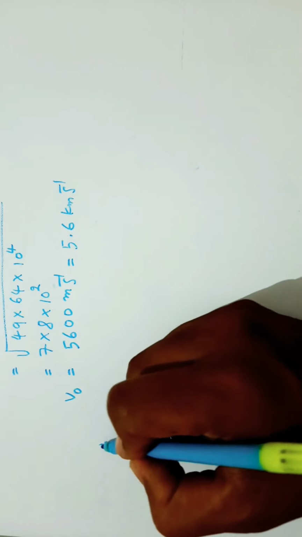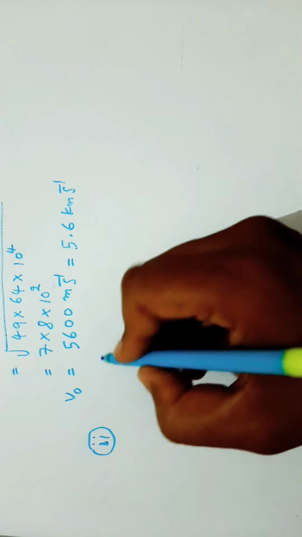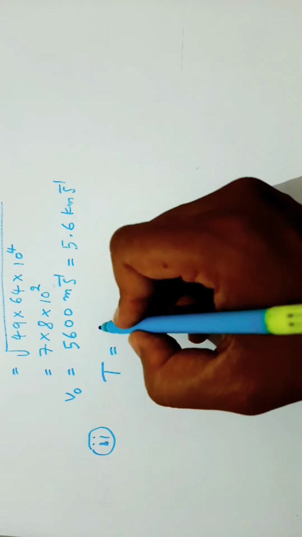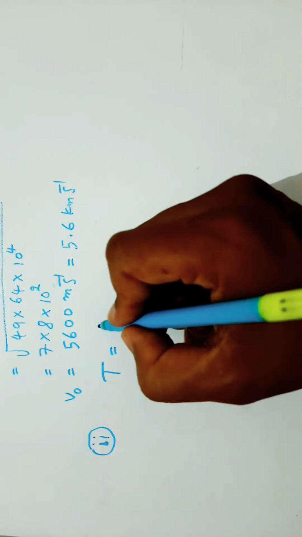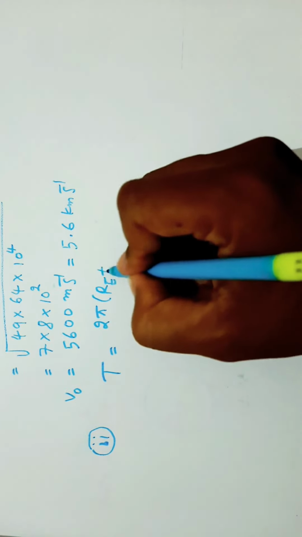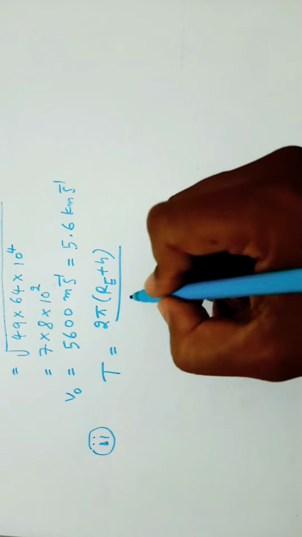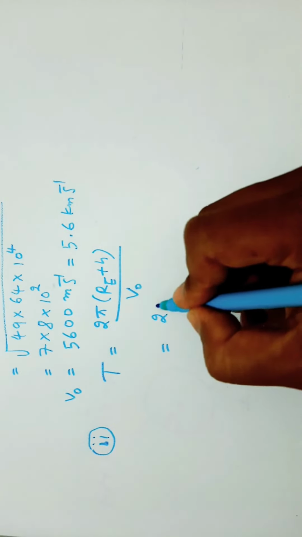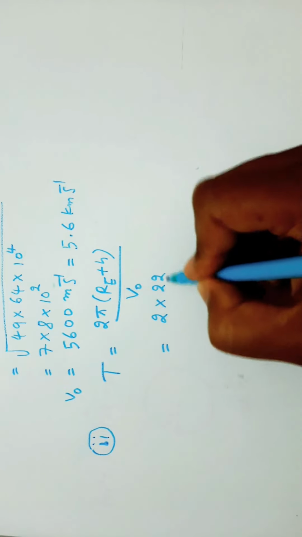See the second one, the time period. T is equal to distance by velocity, so that is 2π(Re + h) by v0. Here 2π is 2 × 22/7.